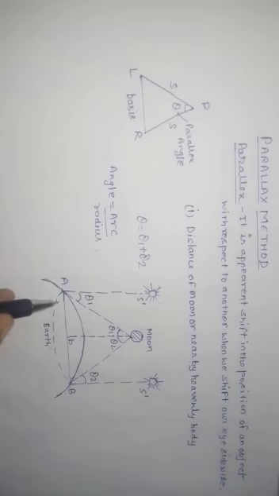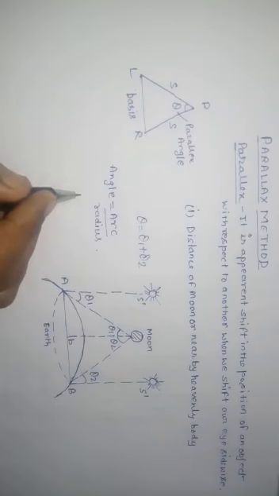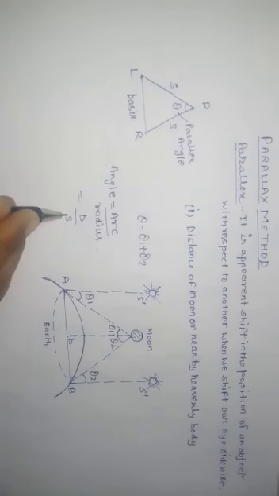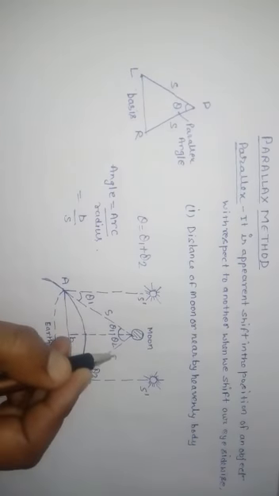Because the distance is too much, this arc can be taken as b, and the radius is taken as S. Actually this is S in this diagram.